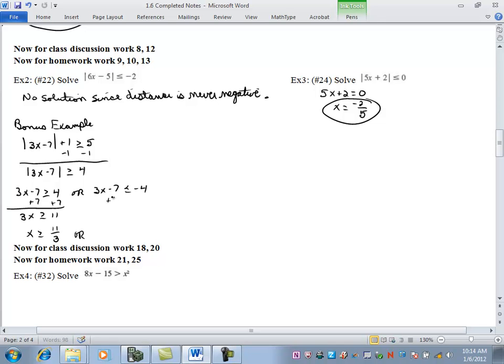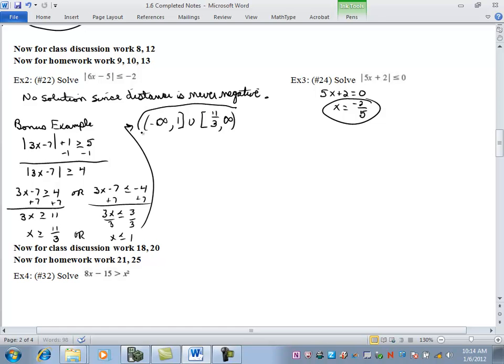Or we add 7 to both sides. 3x is less than or equal to 3. We divide both sides by 3. X is less than or equal to 1. If I write this in interval notation, negative infinity to 1 bracket because it's less than or equal to, union bracket 11 thirds to infinity.